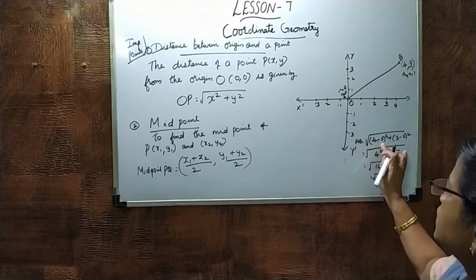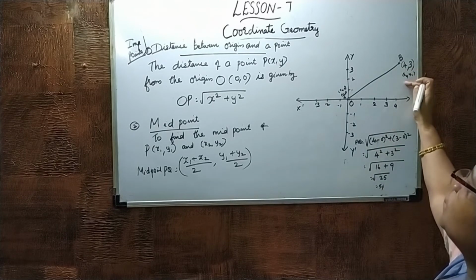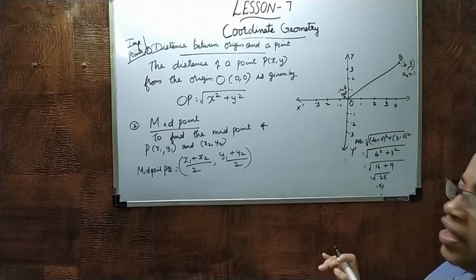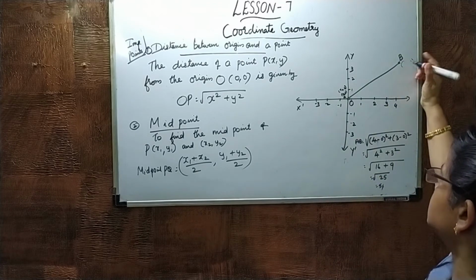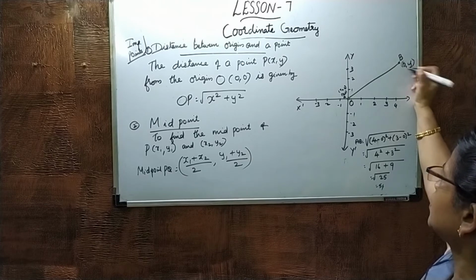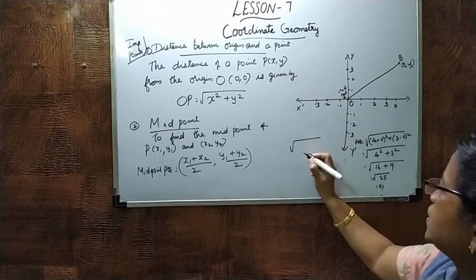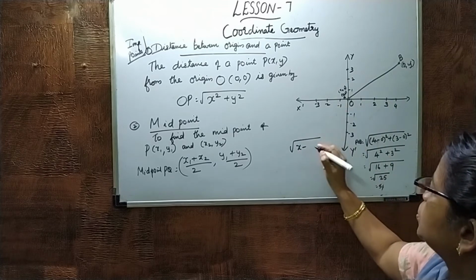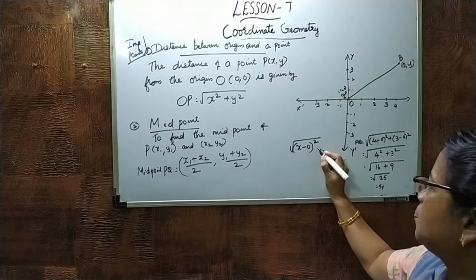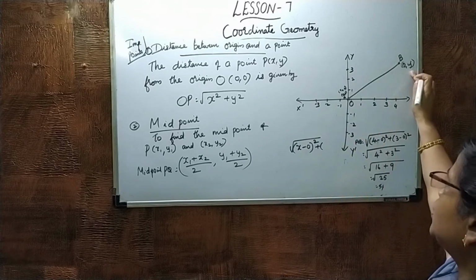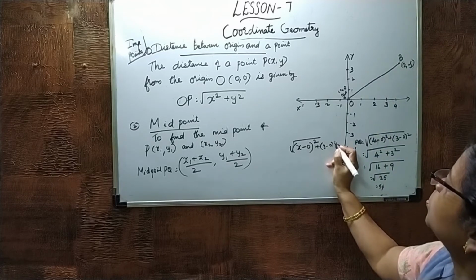Now just look, when it is the origin, what happened? We get the same x1, y1. So suppose instead of 4, 3, we wrote it as x, y. How will you do then? It is root of x minus 0, since the origin's x coordinate is 0, plus y minus 0 the whole square.